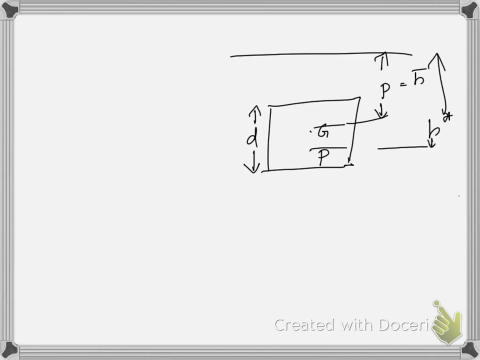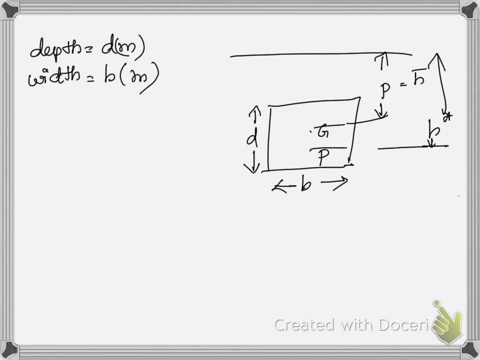So they have given my H bar to be p meter. This is what is given, and this is going to be my center of pressure, and this is my H star. What I am going to do is assume the width of the gate to be b meter. One assumption I am making, that width is going to be b meter. So what is given in the problem? Depth is going to be d meter, width is going to be b meter. So my area will be bd meter square.